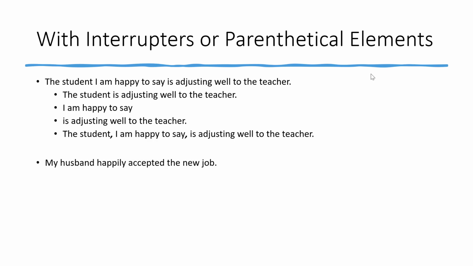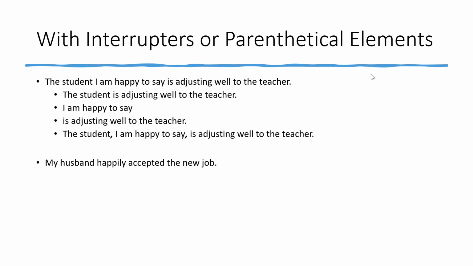Another example, my husband happily accepted the new job. In this case, this sentence is absolutely correct. If I want to let you know that my husband was very happy about the job he accepted, I can leave this as is.